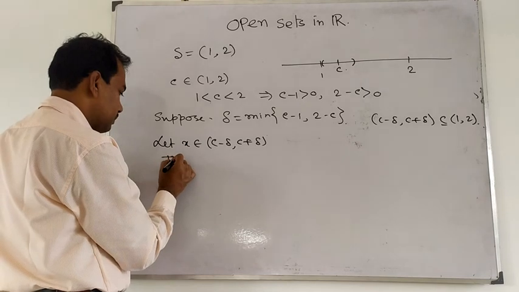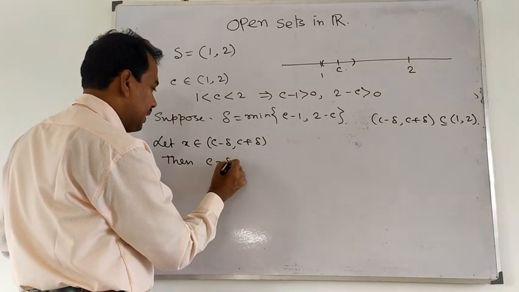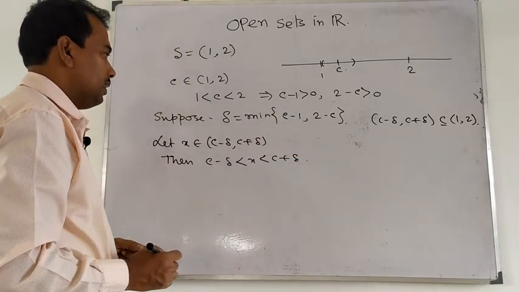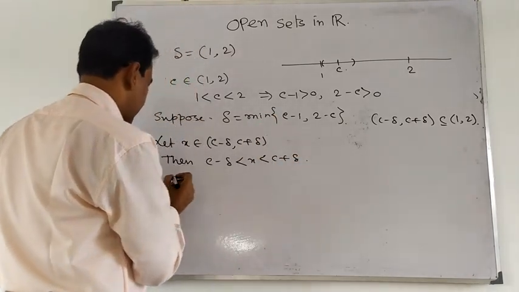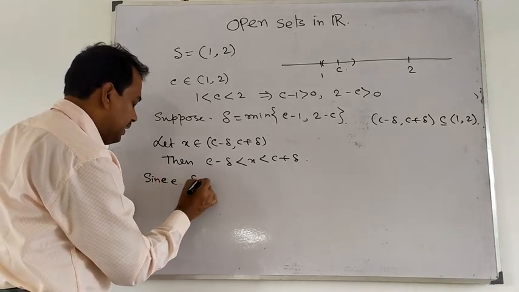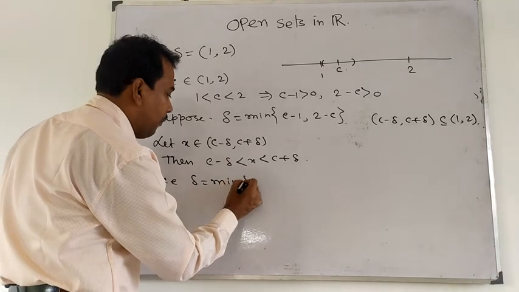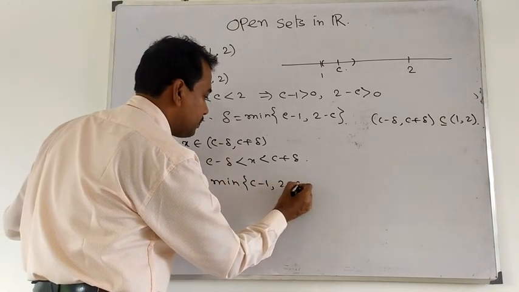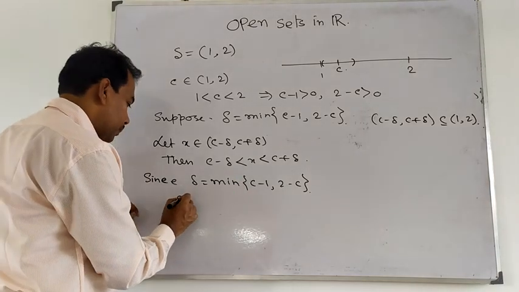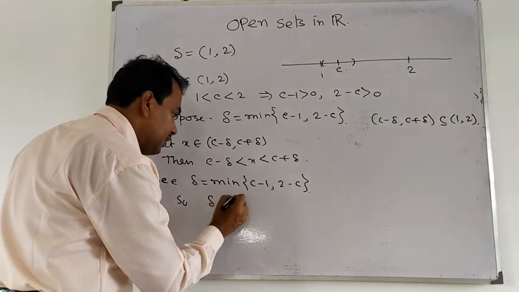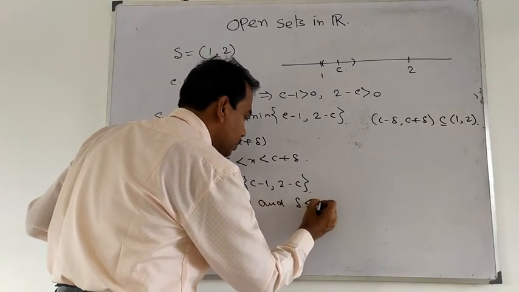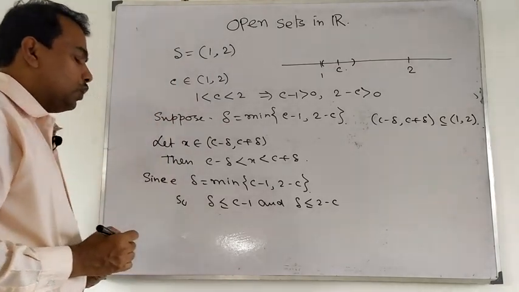Then C minus delta less than x less than C plus delta. Since delta is equal to the minimum of C minus 1 and 2 minus C, delta is less than or equal to C minus 1 and delta is less than or equal to 2 minus C.